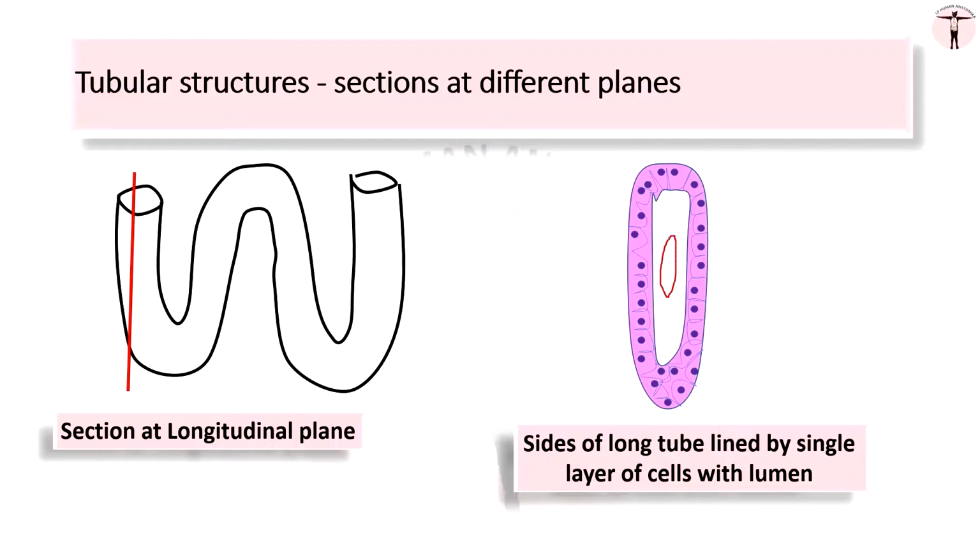So that is the lumen, and we can see the two walls of the sections. We can see the walls of the tube on either side, with a lumen inside, which is elongated. So the cells can be seen lining the two walls.